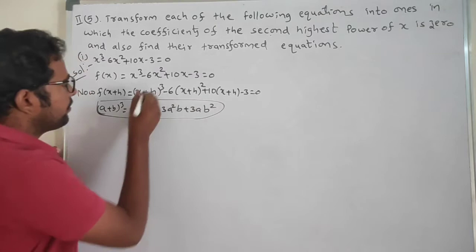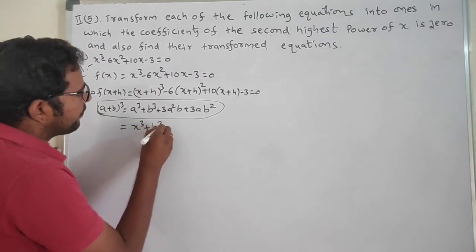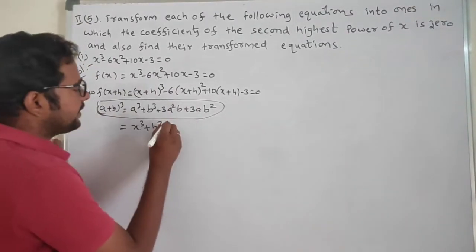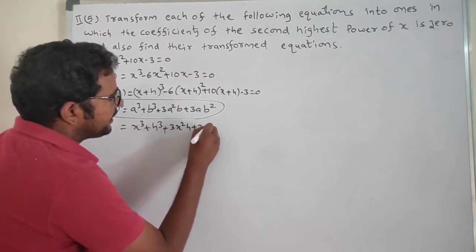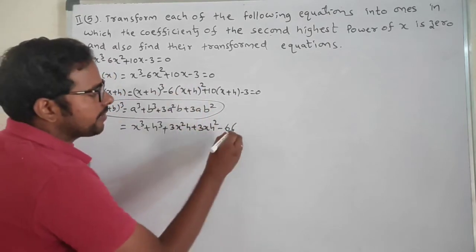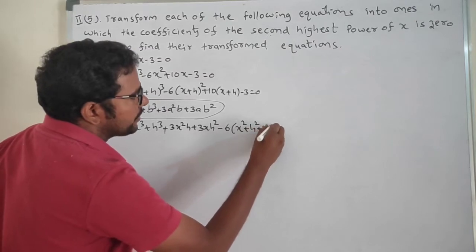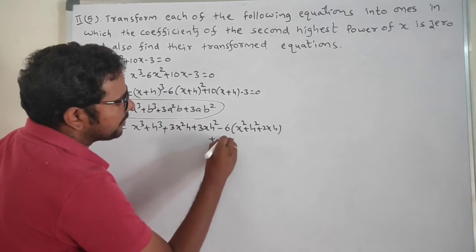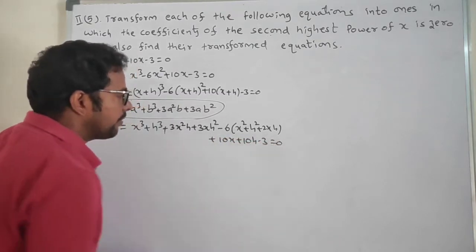Simplify: x power 3 plus h power 3 plus 3a square b, that is 3x square into h, plus 3ab square, that is 3x into h square, minus 6 into the (a plus b) whole square formula, x square plus h square plus 2xh, plus 10 into x, 10x, plus 10h minus 3 equals 0.